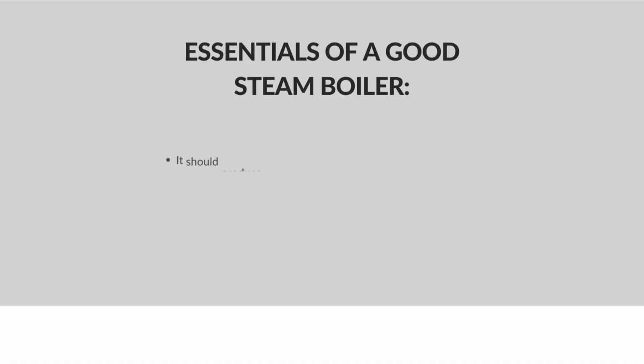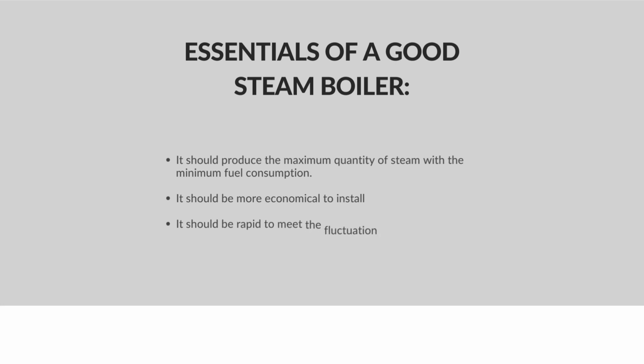Before we study boiler mountings and accessories, let us discuss the essentials of a good steam boiler. The essentials are: it should produce the maximum quantity of steam with the minimum fuel consumption. It should be more economical to install. It should be rapid enough to meet the fluctuation of load.